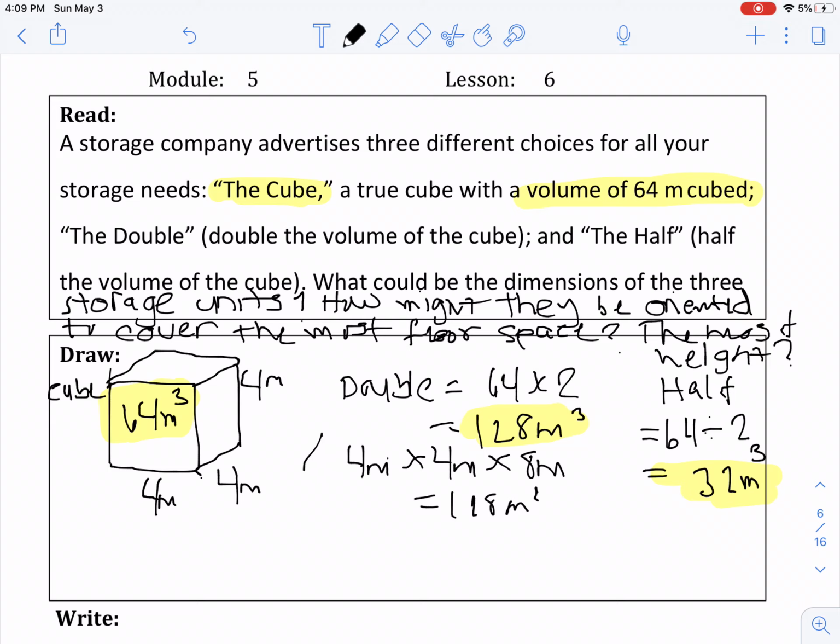So here's an example of one of the dimensions for the double, and then another dimension for the half would be that one of the sides we would just cut in half. So we could have a length of 2 meters times 4 meters width and times 4 meters height. So this could also be another dimension, which is 2 times 4 times 4, which would be 32 meters.